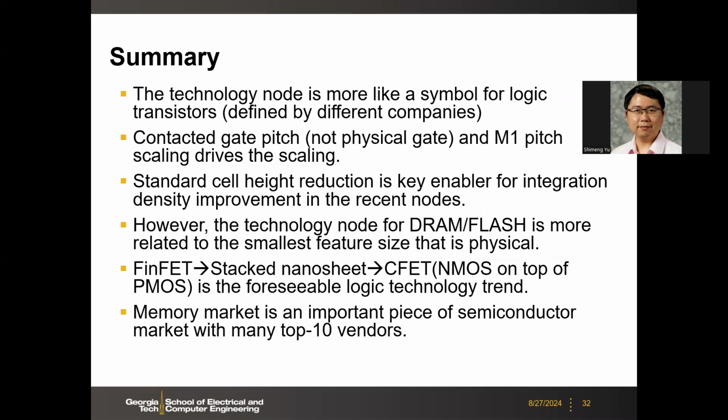So standard cell height reduction is a key enabler for the integration density improvement in recent technology nodes for logic. And for memory, the technology node, like for DRAM and NAND flash, is more related to the smallest feature size, that is the physical half pitch of the metal one wire, or, let's say, the poly pitch for 2D NAND flash.